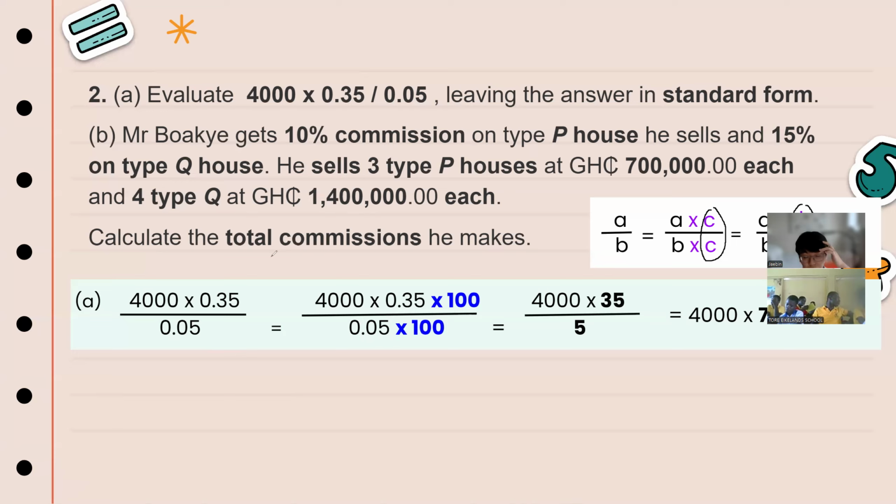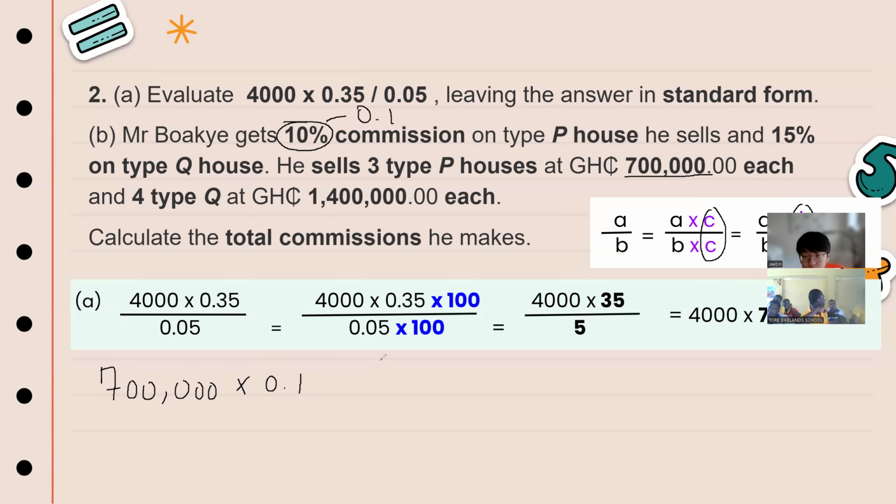So what we have to do here is find 10% of P, which is 700,000. 10% is 10 over 100, which is equal to 1 over 10, equal to 0.1. So we multiply 700,000 multiplied by 0.1.